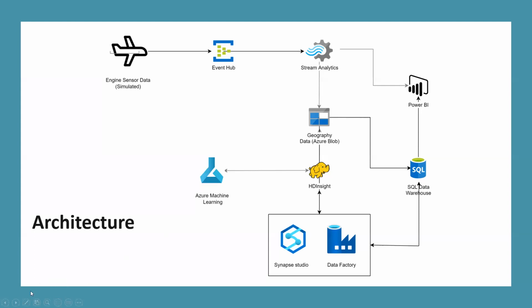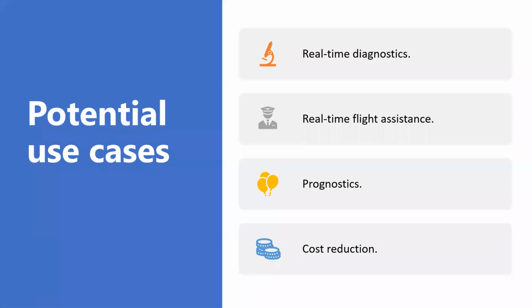And let's talk about the potential use cases. If we have the right information, it is possible to determine the condition of equipment in order to predict when to schedule the maintenance for the aircraft. This predictive maintenance can be used for the list of use cases here in the presentation.